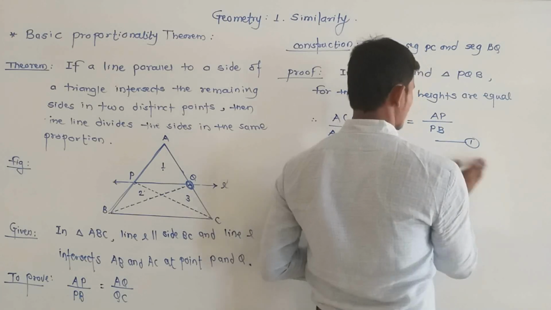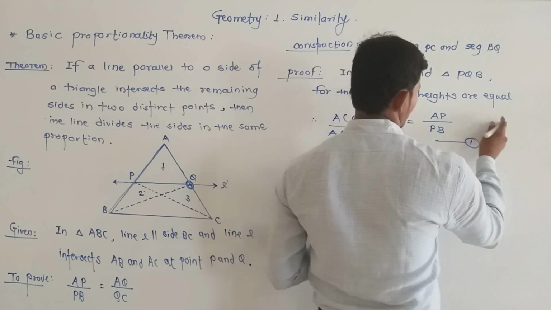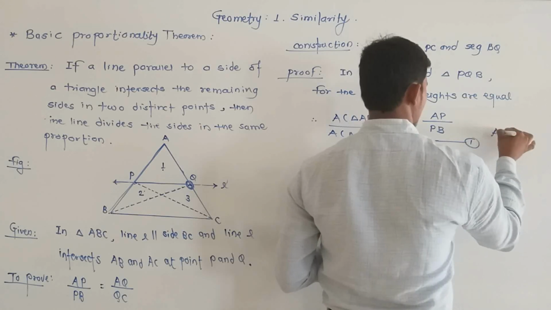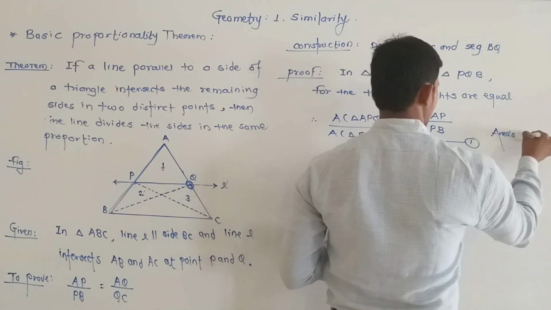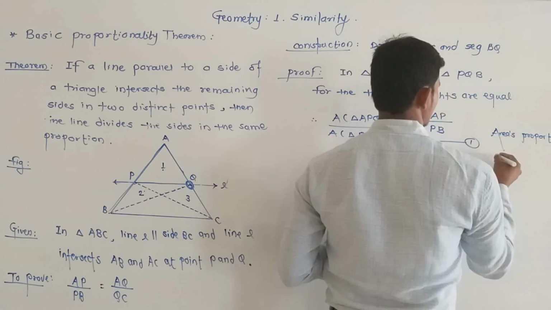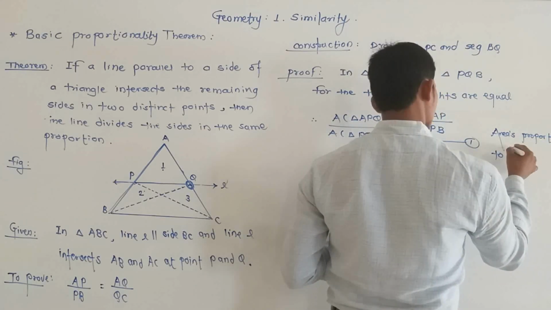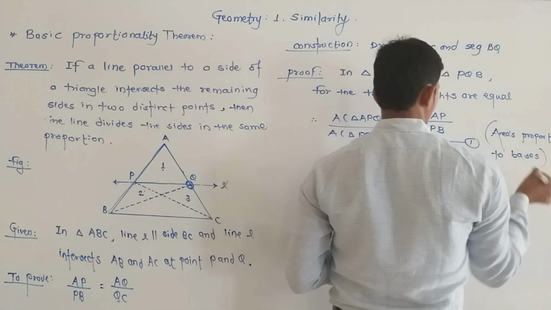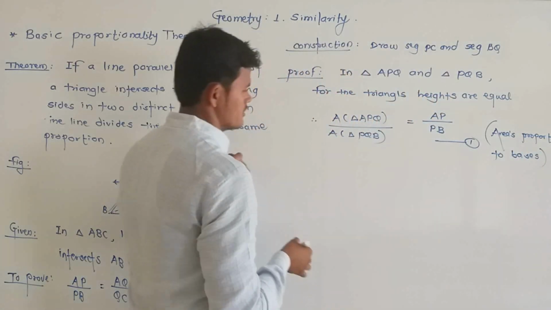Because their heights are equal. They share a common vertex. Write down the reason: areas proportional to bases.